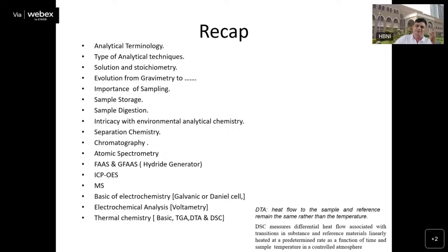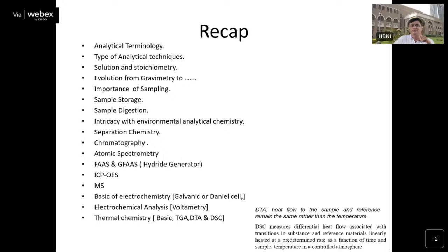Attractive forces means ion exchange or size exclusion chromatography and others, which we had already discussed when we discussed the chromatography techniques.